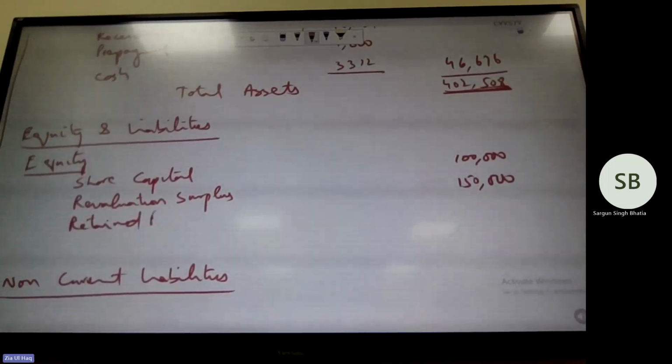And there is retained earnings. There was an opening balance to which we need to add the current year profit.